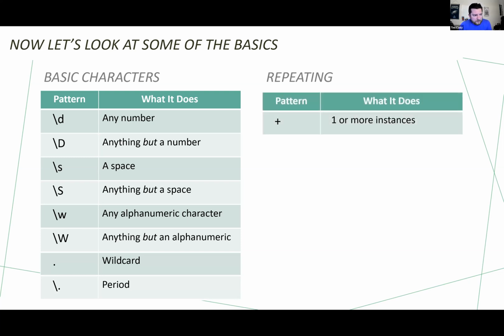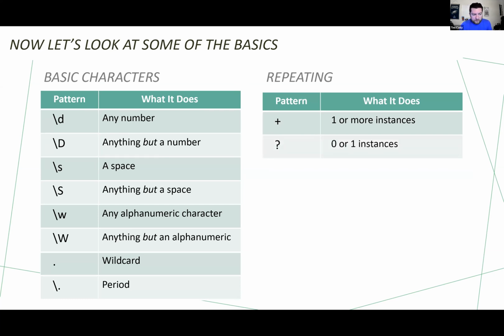Now, what you may have seen in our example is we're making some reference to repeating patterns. So that was the plus, right? We did a \w plus in that example. That means we're looking for repeating alphanumeric characters that make up a word. So whenever we use that plus, we're looking for one or more instances of an alphanumeric character.